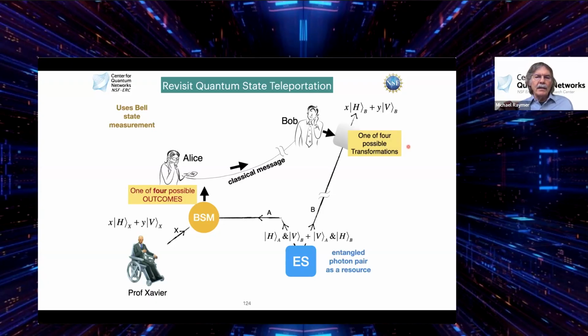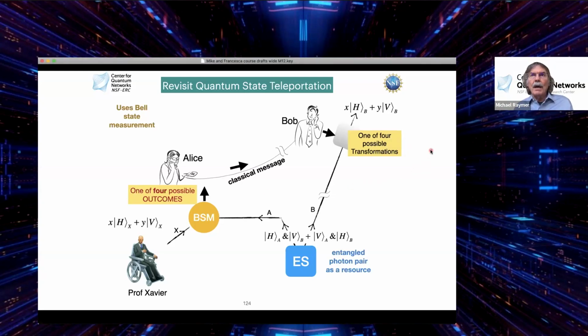But there are devices you can use to just rotate the polarization. So Bob uses one of those transformations, and then magically, the B photon is transformed into the state X plus Y, which is exactly the same as the state that Professor Xavier had, which was then destroyed in the measurement. Okay, so that's the review.